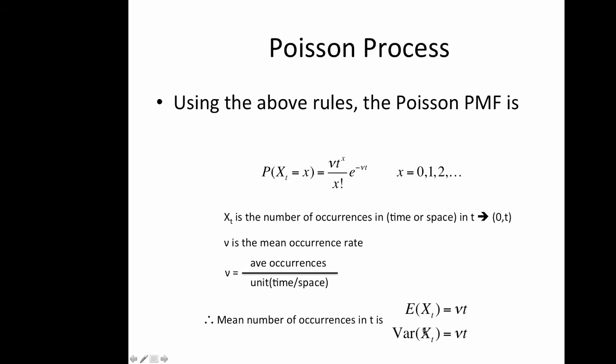And the variance of our random variable x sub t is also nu t. Right, so this is easy to remember. The mean value or the expected value is nu t, and the variance of our x sub t in the Poisson process is also nu t.